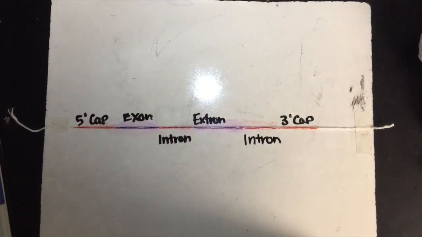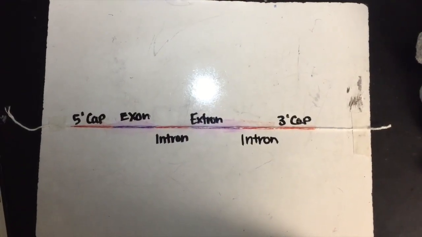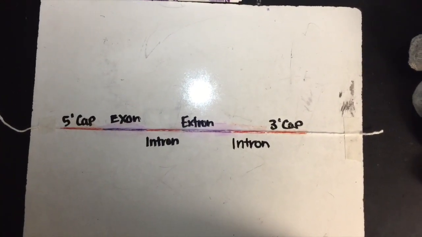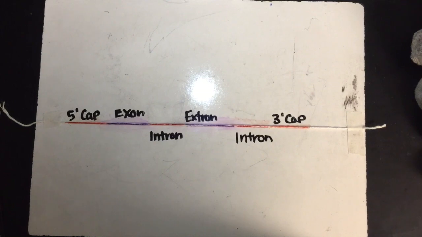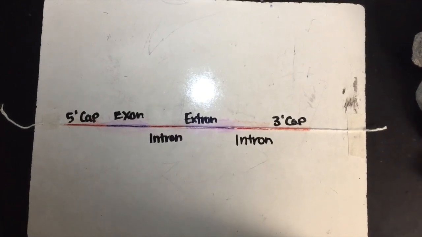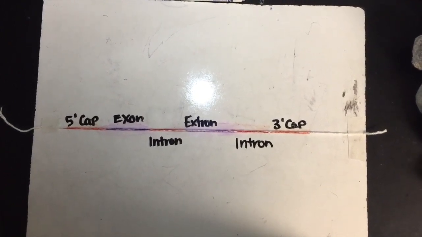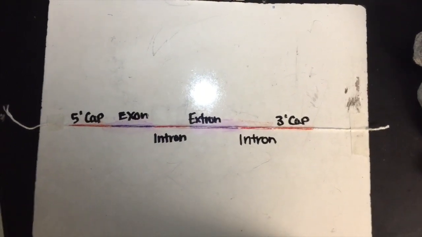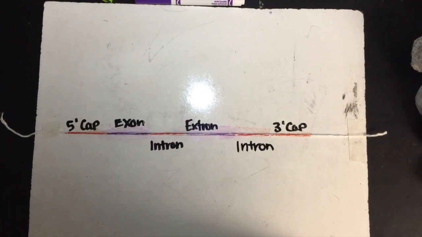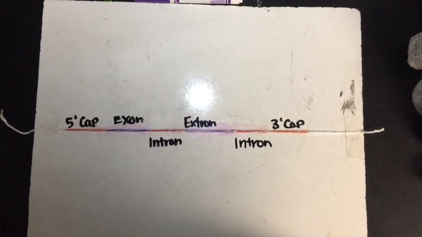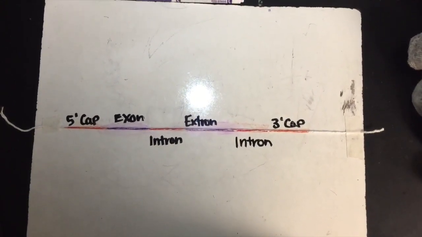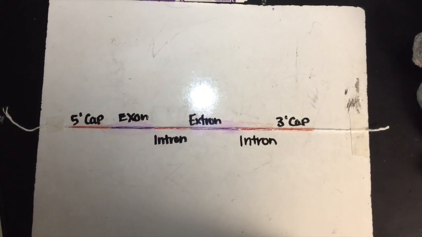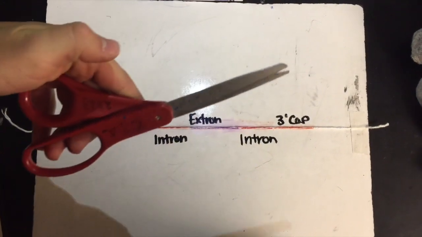Once the pre-mRNA is transferred into the cytoplasm, it must be altered into being mRNA. So pre-mRNA has exons and introns. Introns are intervening sequences, and they must be cut out because they do not code for any part of the protein. So snRNA and other proteins come together to form a spliceosome, which is represented by the scissors.